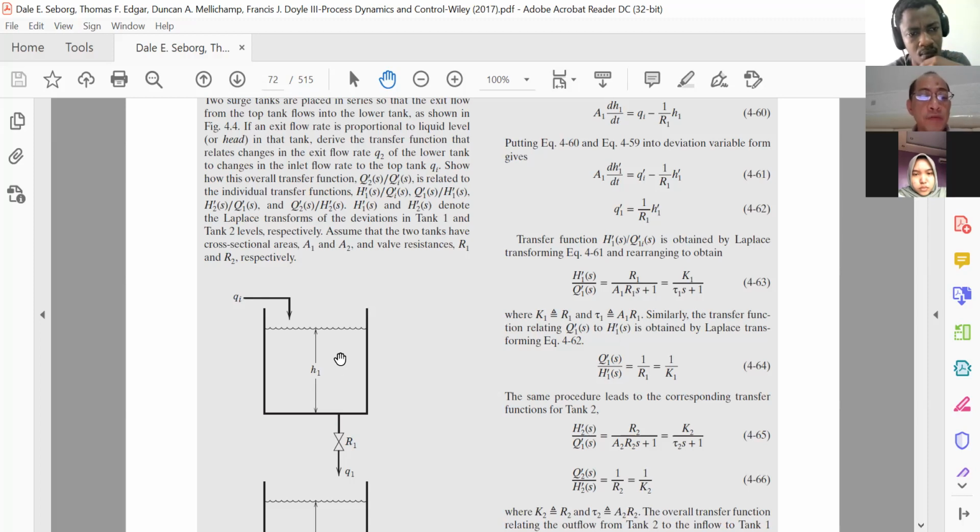If I want to find the transfer function between q1 over qi, then q1 over qi is equal to q1 over h1 times h1 over qi. Okay, do you agree?